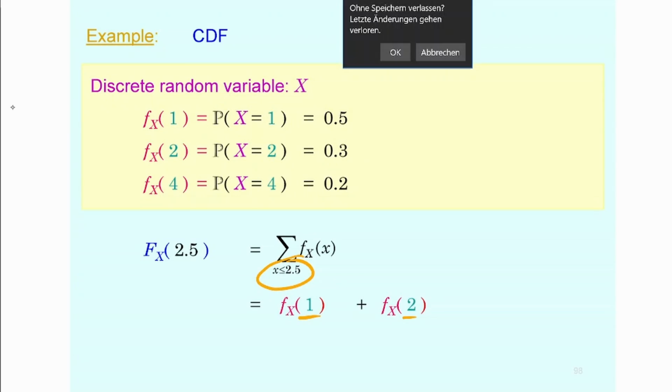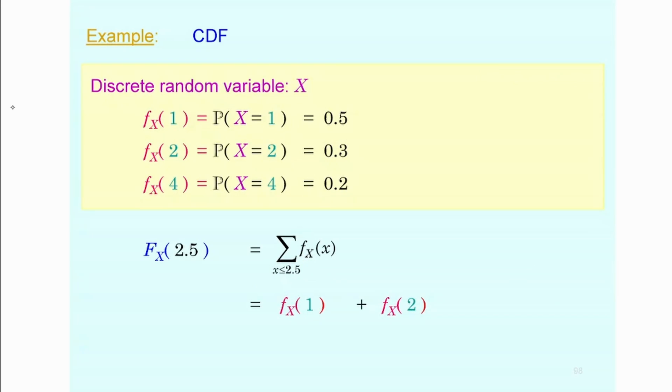You sum up the corresponding probabilities, and that's pretty much it. So that's what you would do. The probability for 1 is equal to 0.5, and then the probability for 2 is going to be 0.3. So, sorry, I said 0.7. It's going to be 0.8, of course, right? So that's going to be the cumulative distribution function at that point.